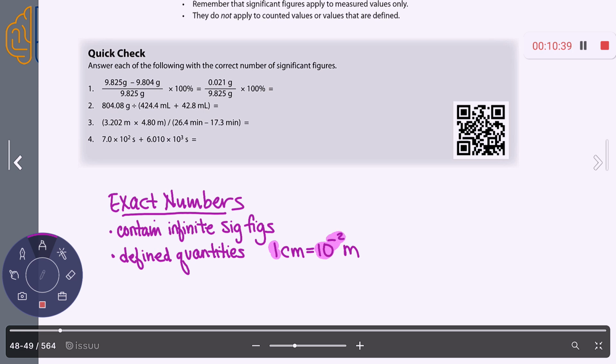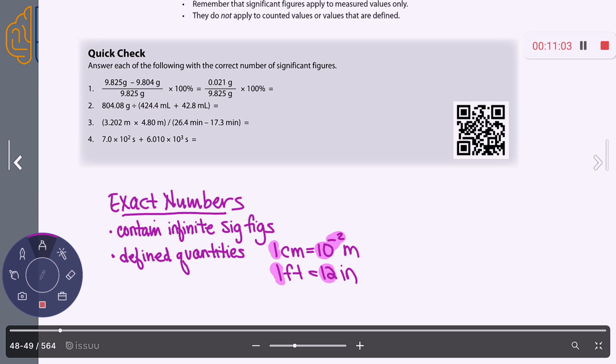Therefore, they would have infinite sig figs, and you can't consider them when determining sig figs in an answer. Another example would be, in 1 foot, I have 12 inches. Feet and inches are in the English system of measurement. So since I'm in the same system of measurement, the number 1 and the number 12 would be exact, okay?